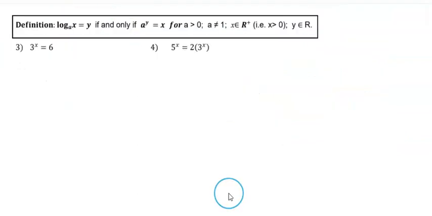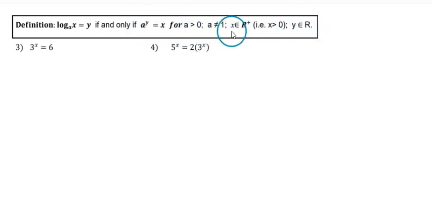I can also use the definition, which is if I have log base a of x equal to y, it is the same as if I have a to the y equal to x.